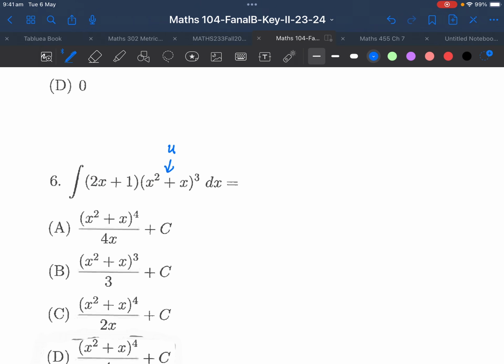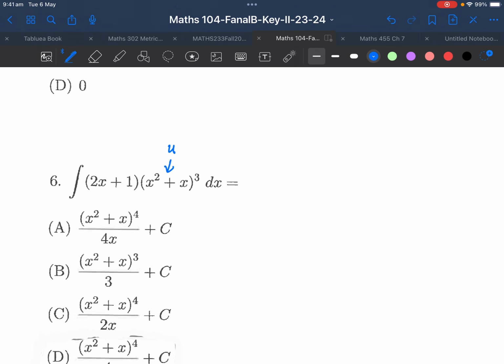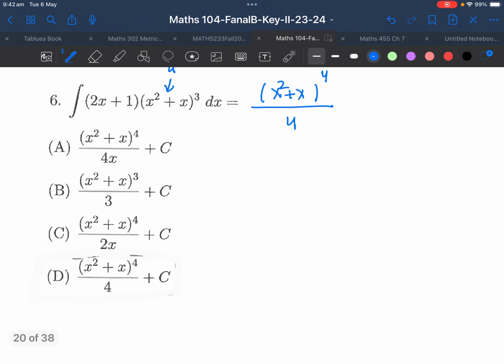So here I will use the power rule, where I have u to the power 3 with u prime. And the answer would be just u to the power 4 over 4. So that's the whole answer. The final answer will be u to the power 4 over 4, keeping the u as is. And that's the answer, which corresponds to D.